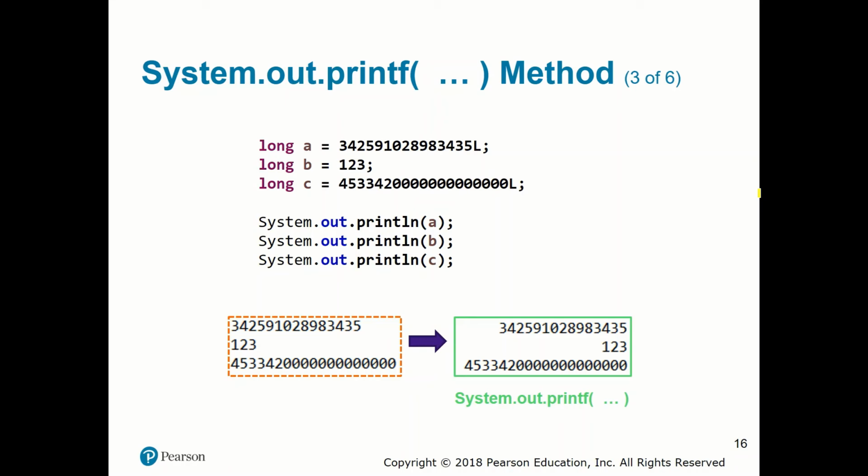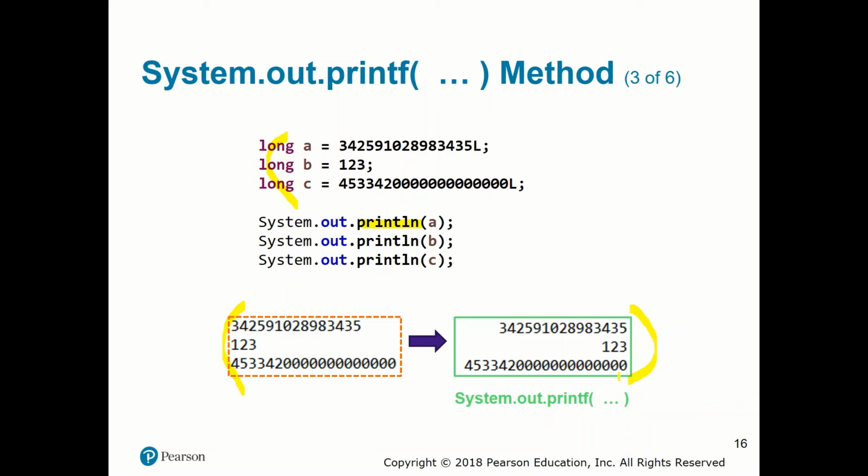Look at this code. There are 3 long integer data here, A, B, C. And if you print out these integers using the println statement, the output looks like this. The System.out.printf method allows the result to come out like this.